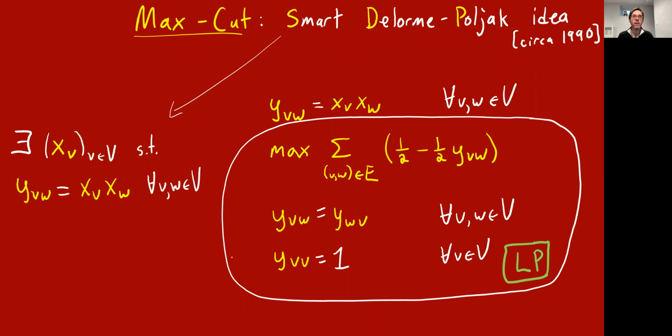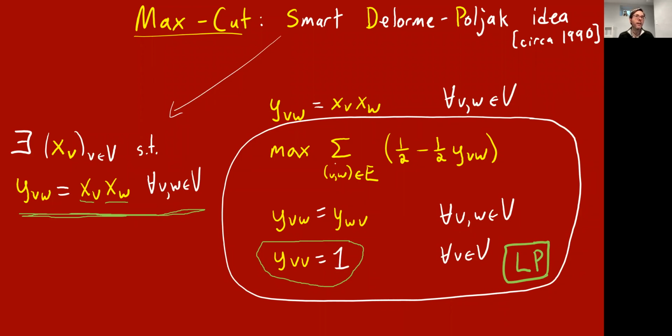So this is the LP, this part that's circled in white. It just involves the variables y. And we argued that if you could solve this while enforcing the moment constraint, then this fact, together with the moment constraints, would imply that these xv's have to all be plus or minus 1.